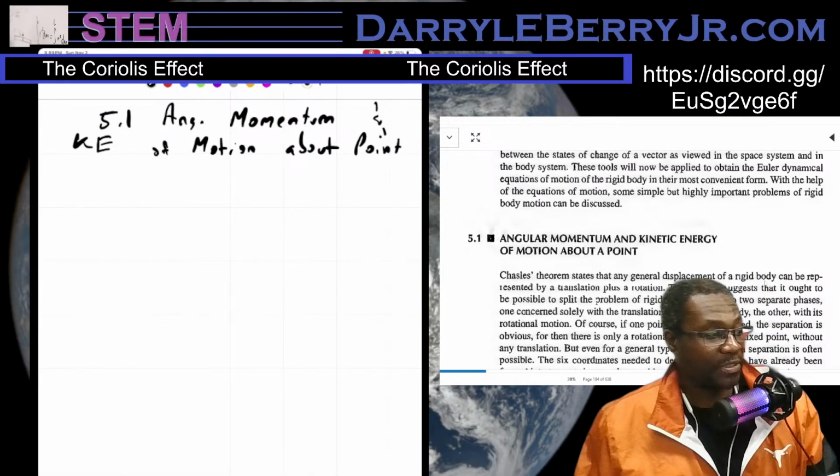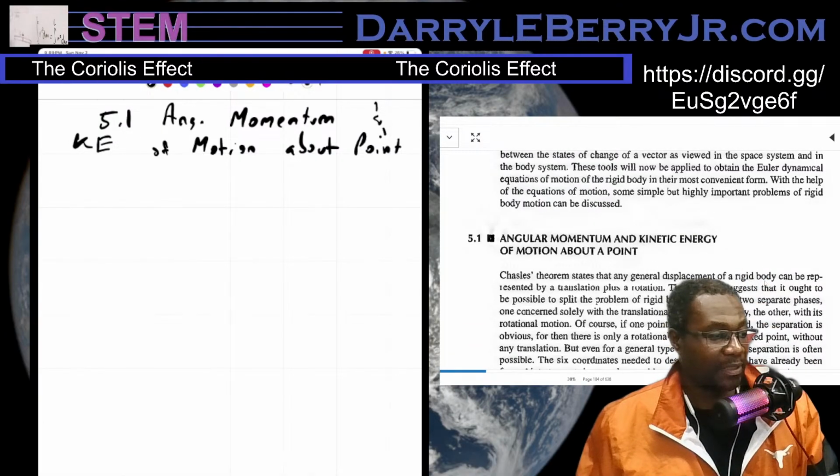Chasles' theorem states that any general displacement of a rigid body can be represented by a translation plus a rotation.